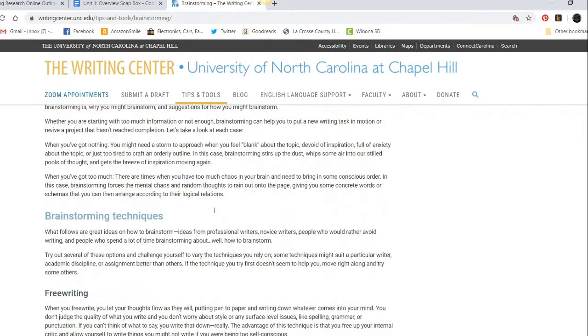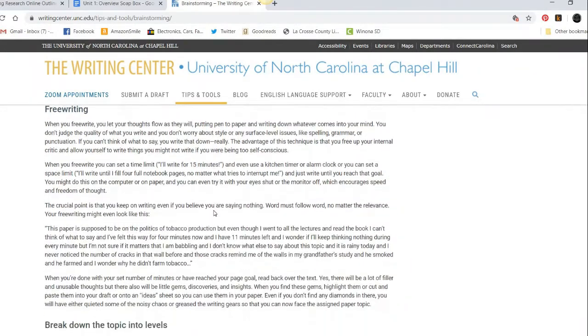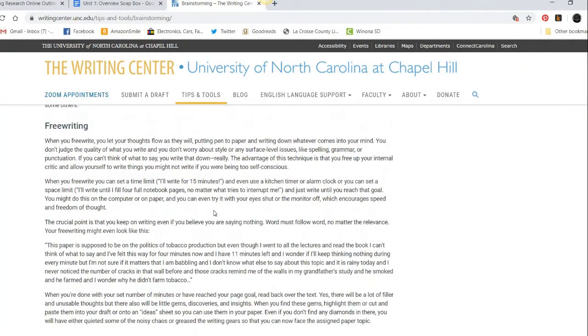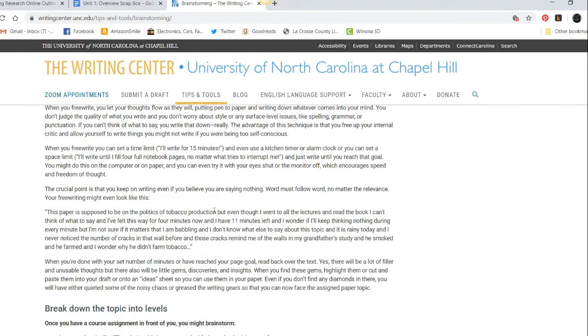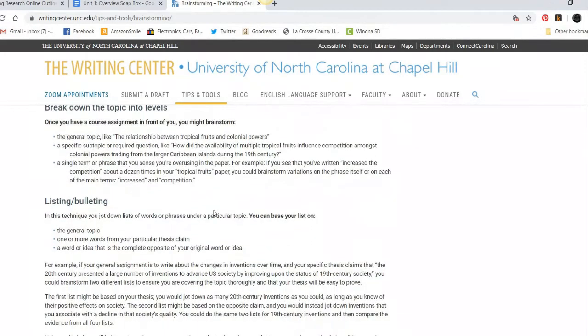Okay, but here are some other options for brainstorming. Again, it gets a little bit basic, but if you love to type out full sentences to help yourself understand what you're saying, by all means, have at it. Make sure you're asking yourself questions about the things that come out in your free writing. Break down the topic into levels.